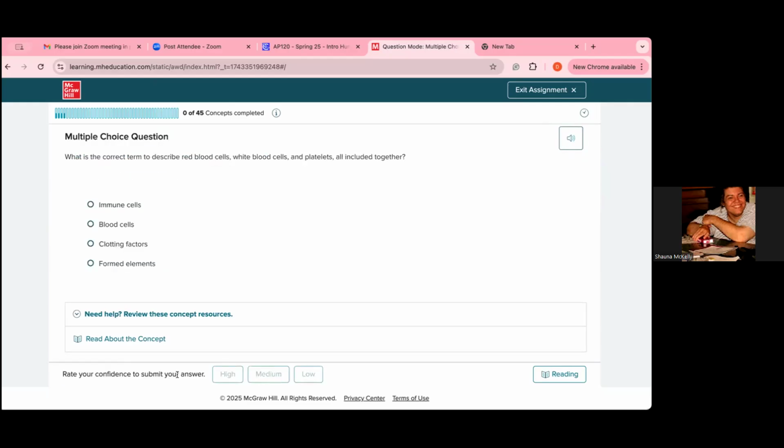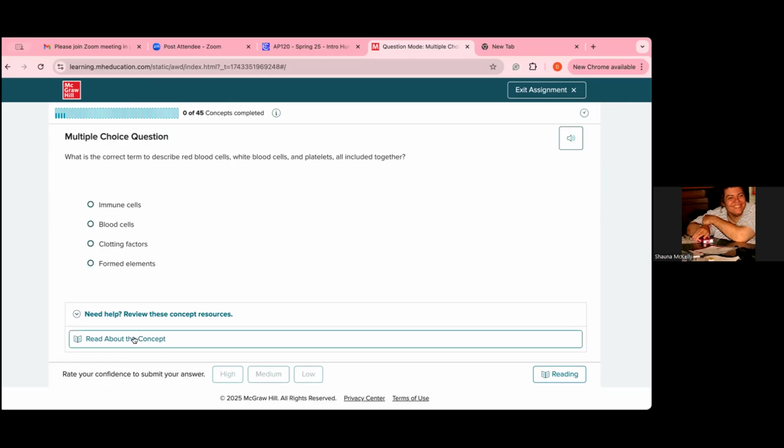What is the correct term to describe red blood cells, white blood cells, and platelets all included together? Red blood cells, white blood cells. I think that's formed elements, but let's look it up.